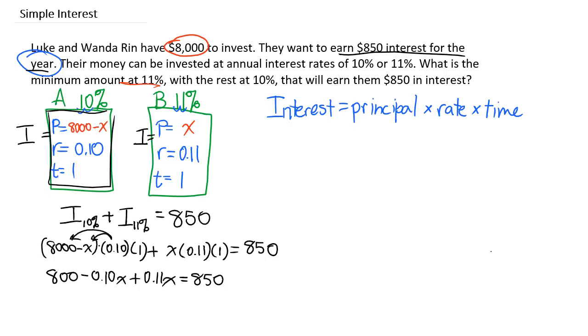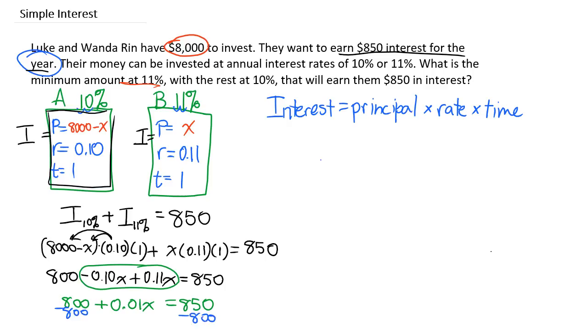Now let's isolate our variable terms. We have these two. I guess we can combine them first. So we have a minus 10 hundredths X plus 11 hundredths X. That leaves us with a positive 1 hundredth X. And we still have this 800 here, and this 850 here. Now let's isolate our variable term by subtracting 800.